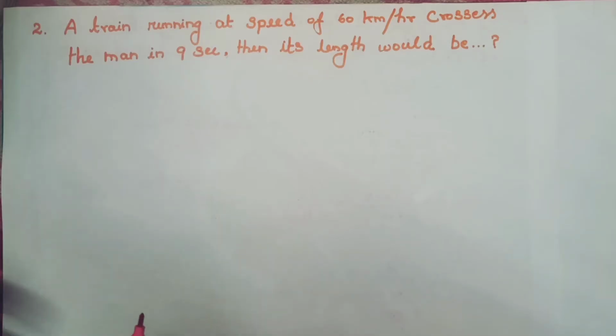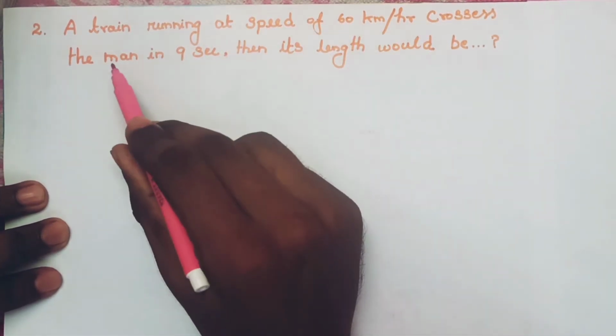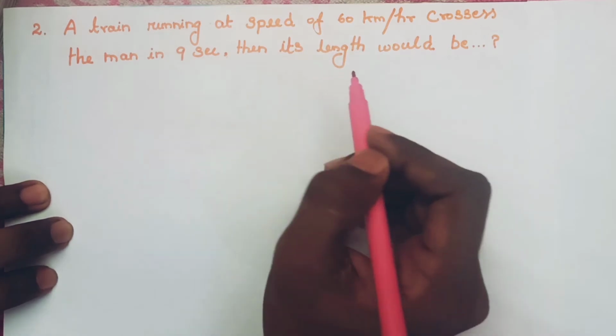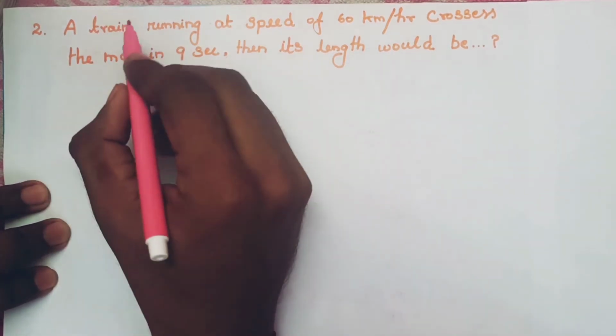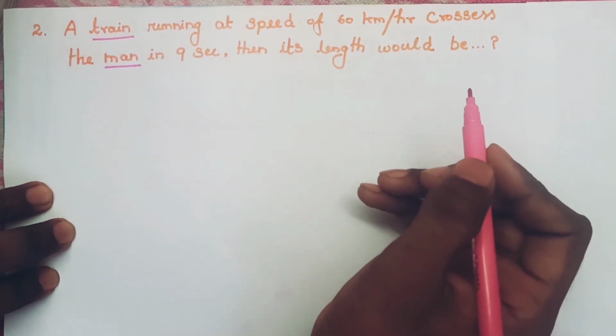Question number 2. A train running at a speed of 60 km per hour crosses a man in 9 seconds. Then its length would be. Here the keyword is train, another keyword is man, so obviously it comes under the point method.